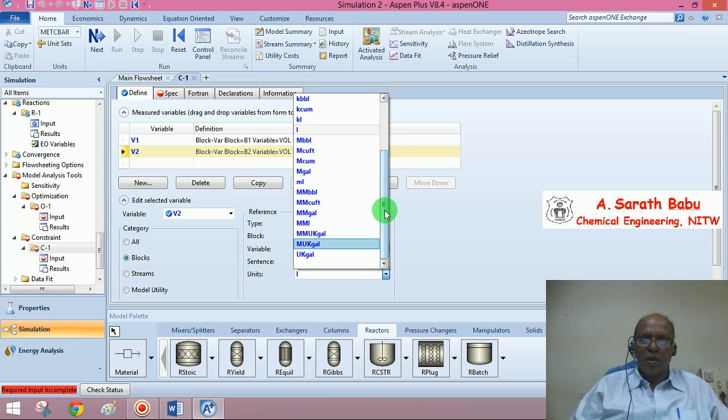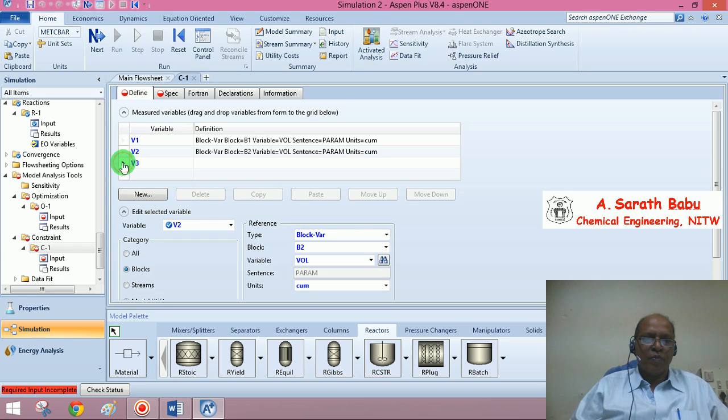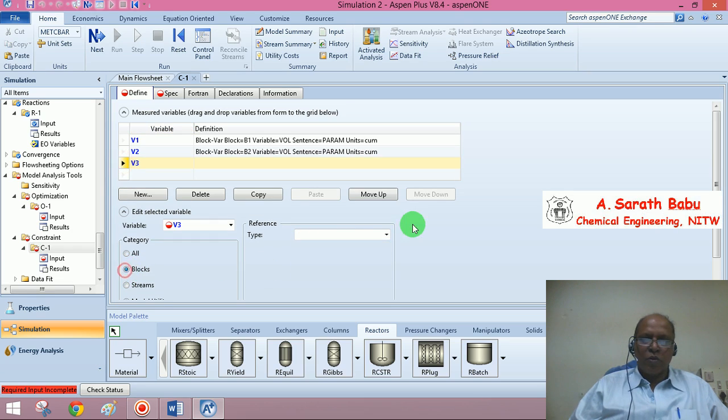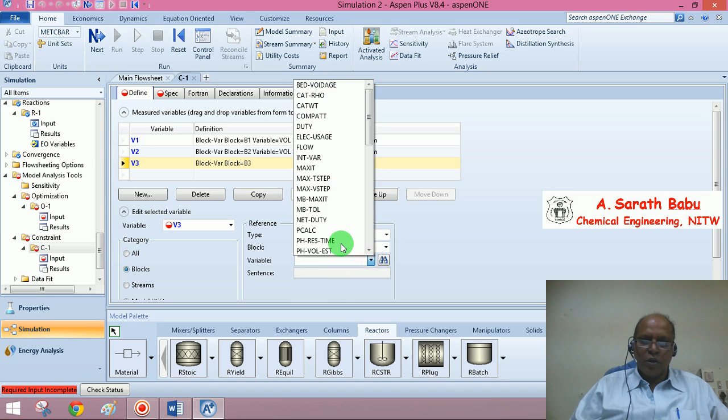Again, cubic meters. Next V3. It's also a block variable. Block is B3. Variable is volume.